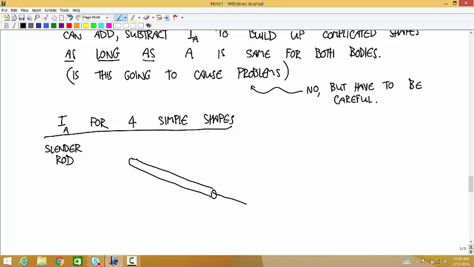And I have to give you the moments of inertia about a bunch of different axes because this can rotate a bunch of different ways. So I'll call that the x-axis. I'll call this the y-axis. And I'll call this the z-axis.